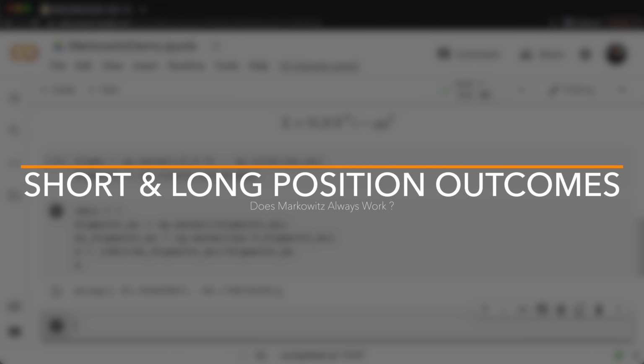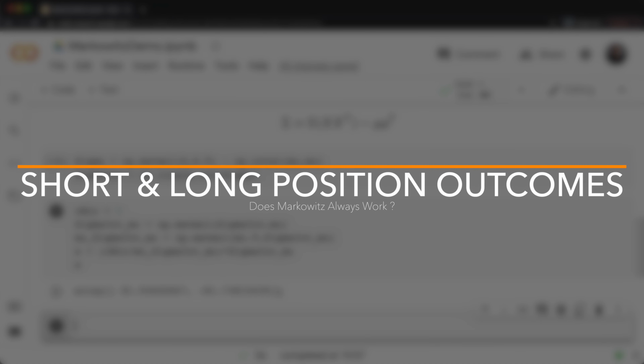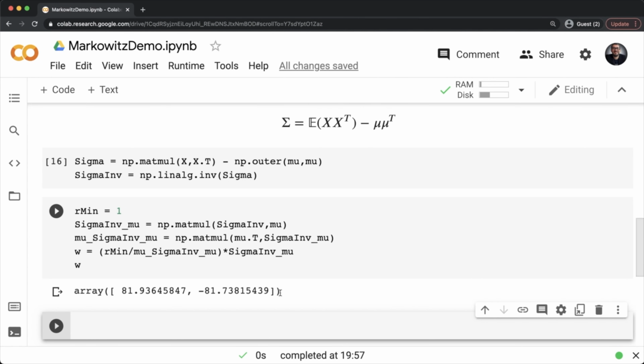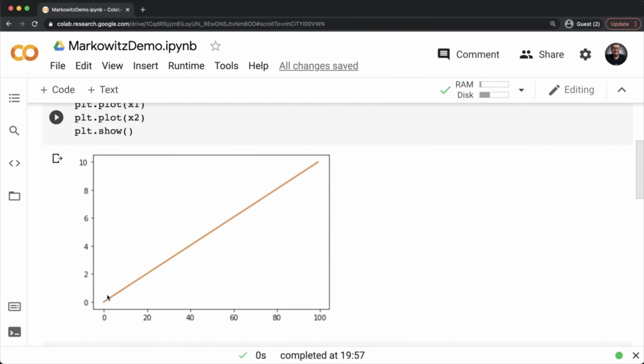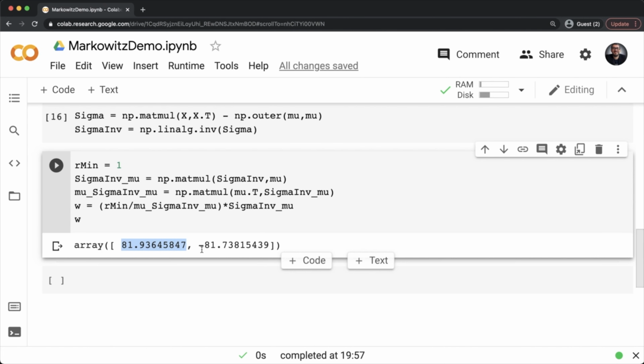So I just want to pause over here and let you wonder. This is neither intuitive nor logical, because what Markowitz is telling us to do is allocate $81.93 in X1, that is the increasing line, and minus $81.73, that is hold a short position in asset 2.